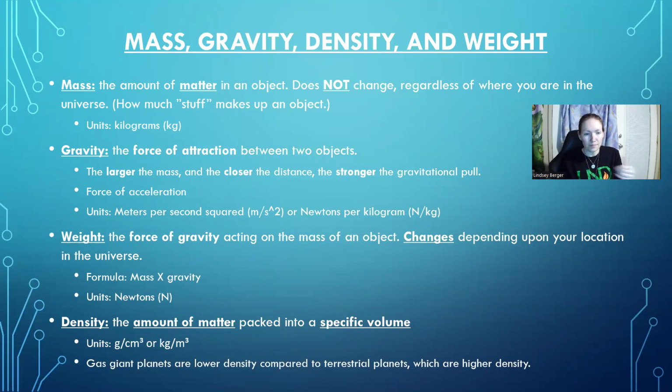Generally speaking, gas giant planets, the Jovian planets, are going to be much lower in density compared to Earth, Mercury, Venus, and Mars, our terrestrial planets. We are a higher density planet, which means there is more stuff packed into a specific volume.